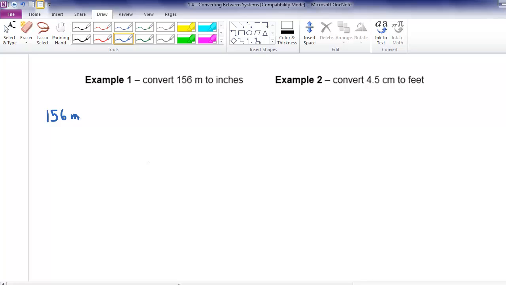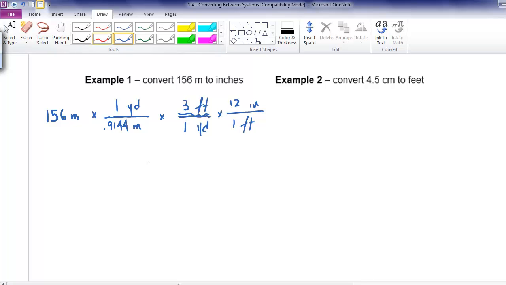So again, meters match yards. We do have an exact conversion between yards and meters, and 1 yard is slightly smaller than 1 meter. Now we do have an exact conversion from feet to yards, and 1 yard is 3 feet. And we do have an exact conversion from feet to inches.